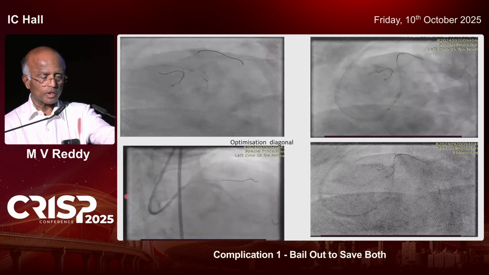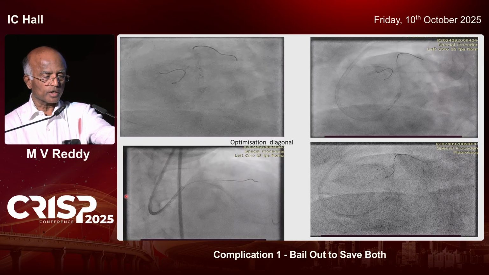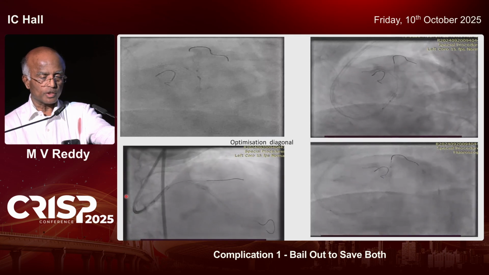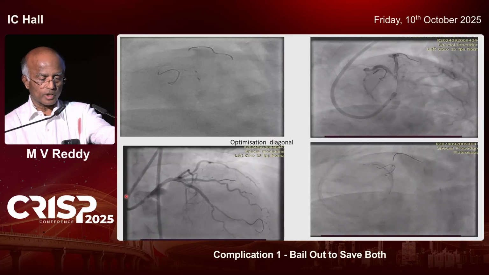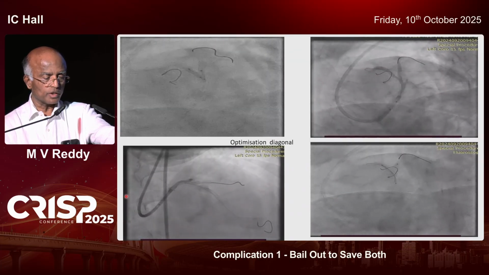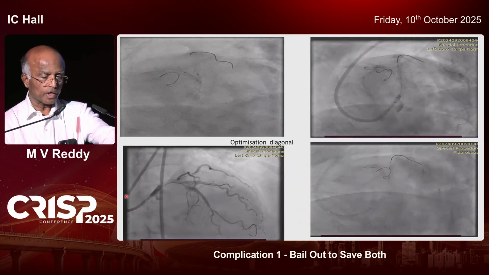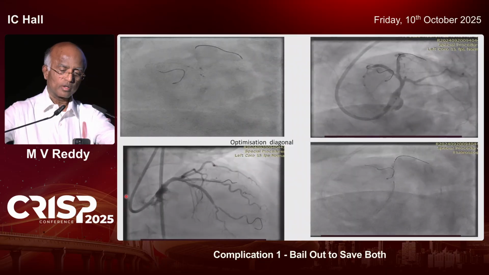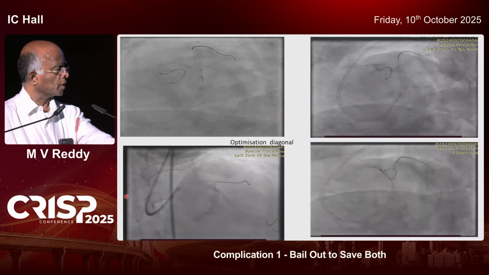Then I did a kissing, and the stent was optimized, and this was a kissing of the branch. Now you can see that they are adequately flowing in the LED as well as in the diagonal. Now since I handled it very badly, the segment of the LED was not adequate to take the stent.